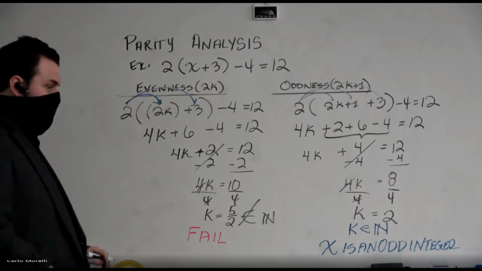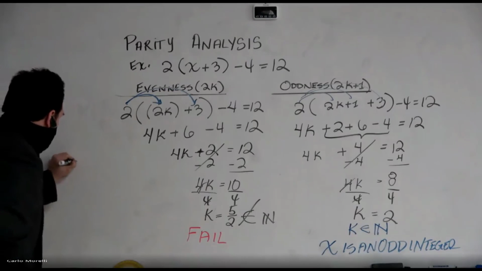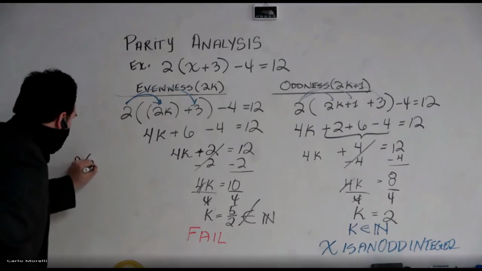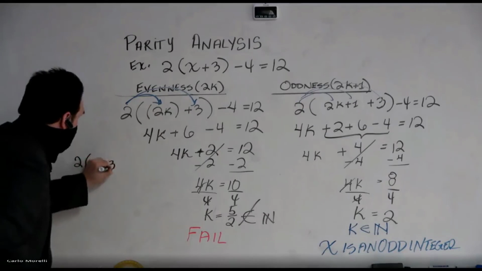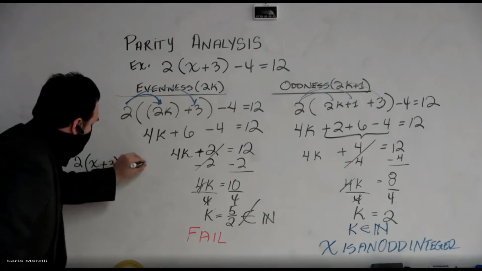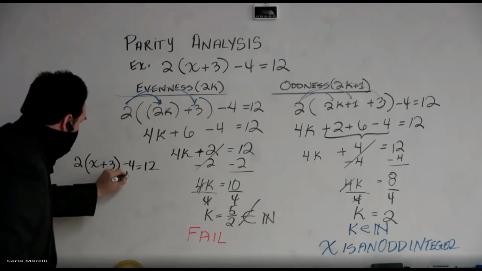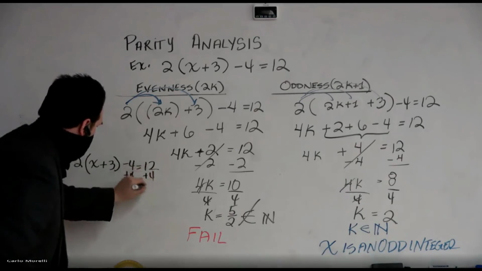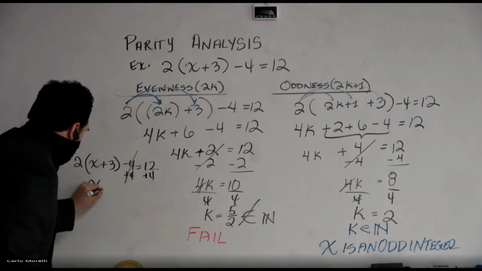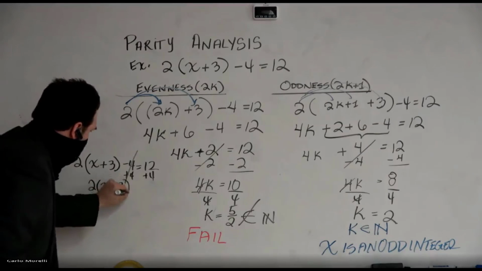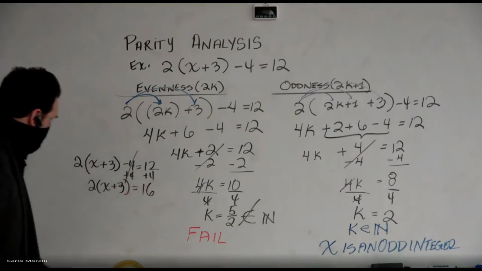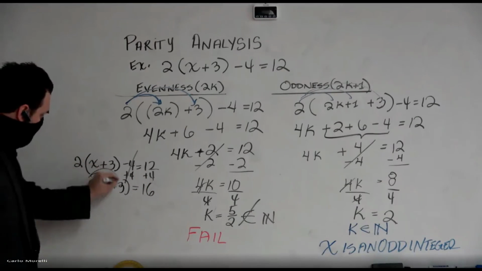Were we right, ladies and gentlemen? Well, let's do it really quickly. 2 open parentheses, x plus 3, close parentheses, minus 4 equals 12. I'm just going to start by adding this 4. So I have 2 open parentheses, x plus 3, close parentheses, equals 16. I'm going to distribute the 2.